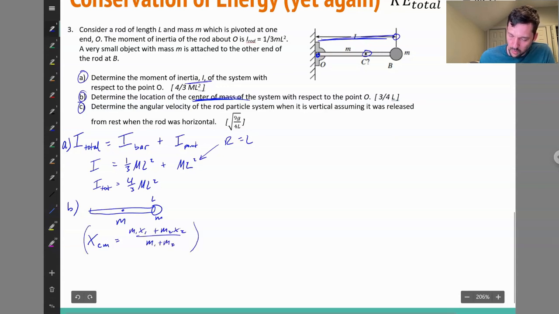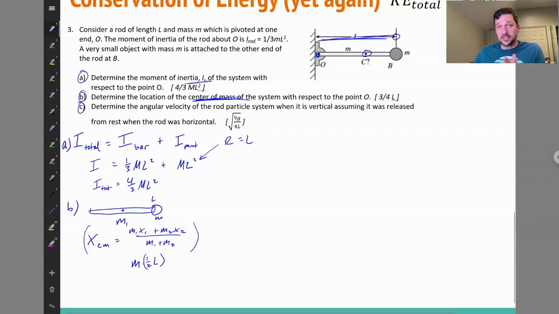This is the general formula for the center of mass. So let's apply this. Let's call m1 the bar. Now, where is the center of mass of the bar itself? We can consider all of the mass of the bar to exist at 1/2 L.